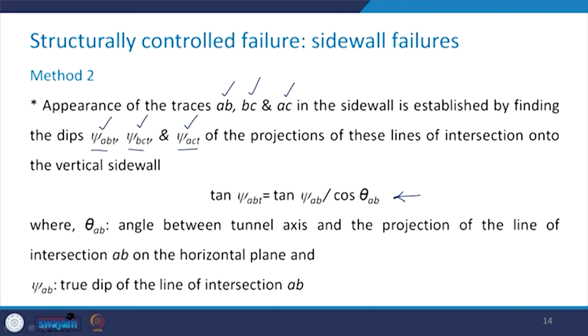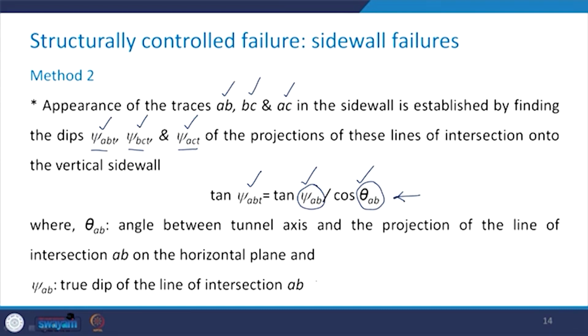So, tan of psi ABT is equal to tan of psi AB and cos of theta AB. The question is how to determine psi AB and how to determine theta AB, but before that we need to know what exactly are these.